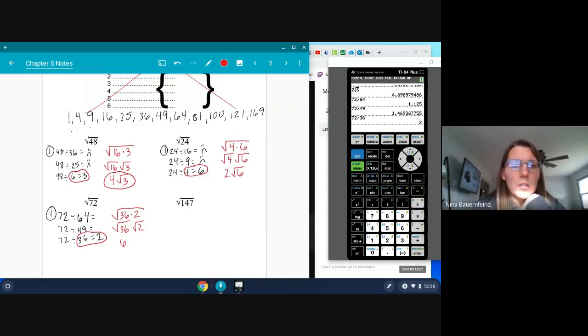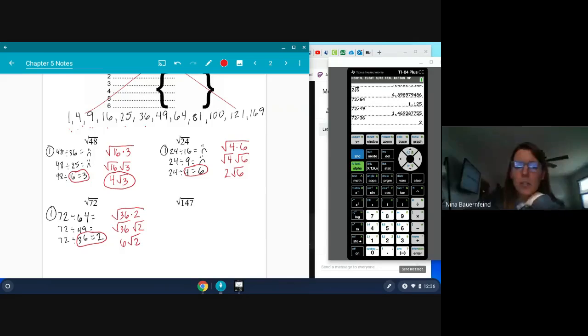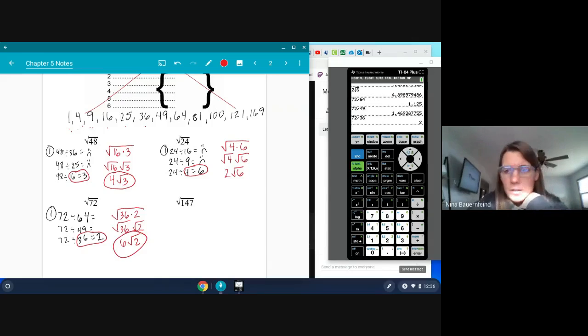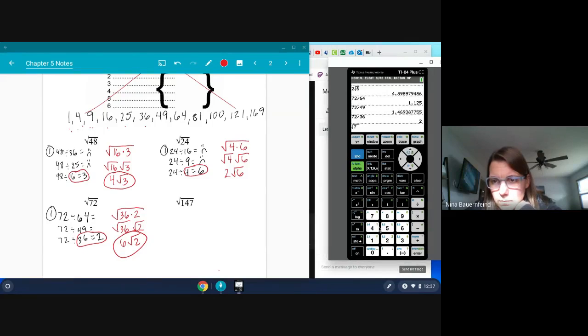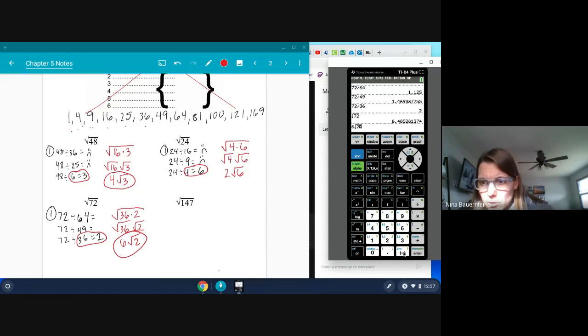Got it. Because it's 1, 2, 3, 4, 5, 6th in the list. So 6 root 2. Let's see. And then we'll try 6 square root 2. Enter. Same thing, and we're good.